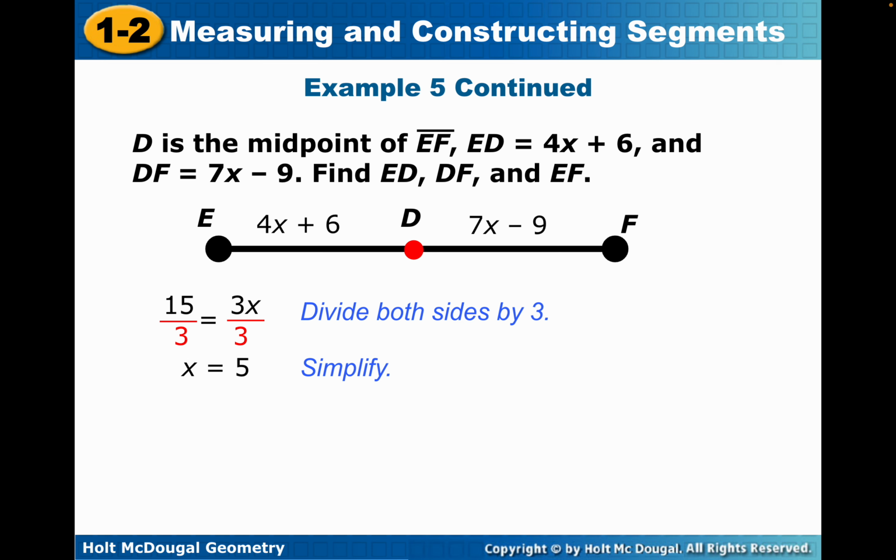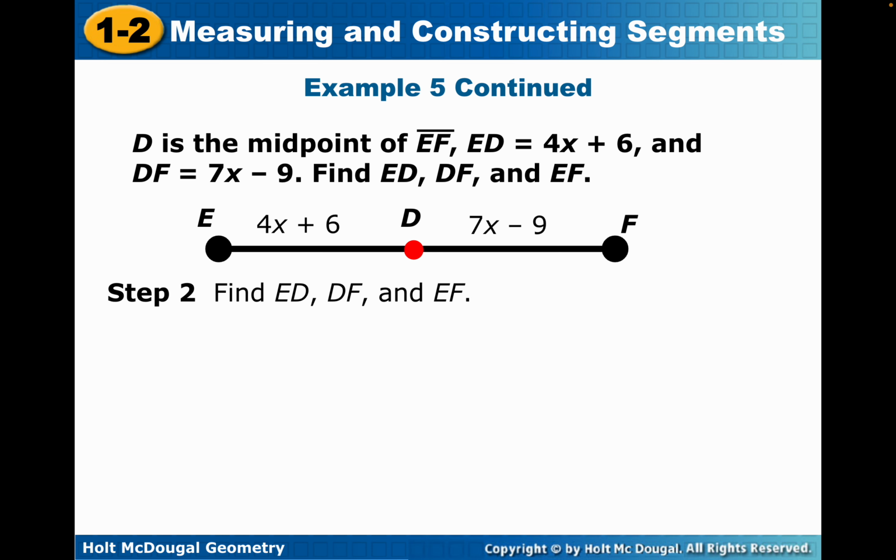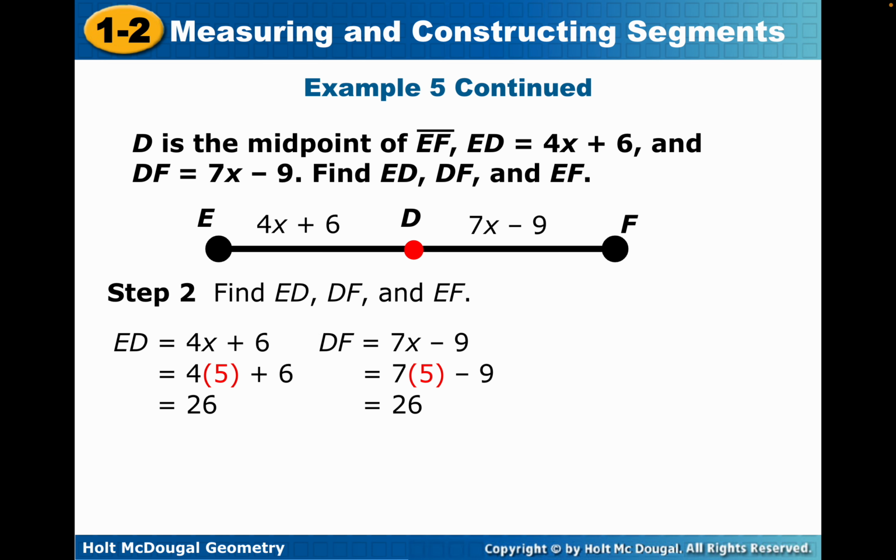All right? But it doesn't tell us to find x. We have to find the values of ED, DF, and EF. So we plug x into our values of ED and DF. For ED, it's 4x plus 6. We put our 5 in for x, and ED is going to be 26. Since D is directly in the middle, since it's the midpoint, that automatically means that DF also has to be 26.